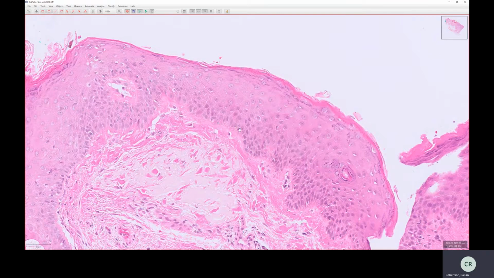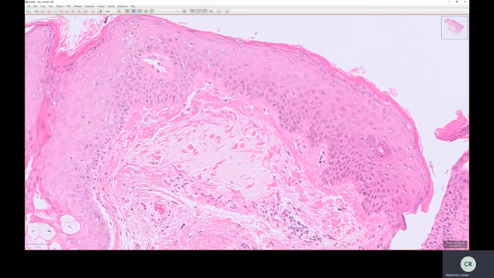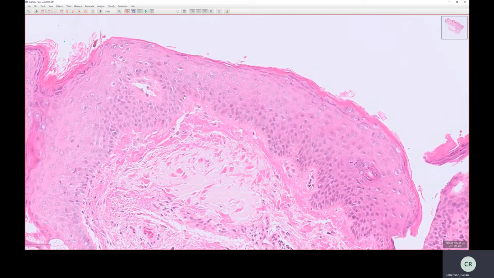So these are the stem cells, if you like, for all the cells above it that make up the epidermis. So these are replicating. It's not very common actually to see an actual mitotic figure. You can sometimes see that, but these are the stem cells.